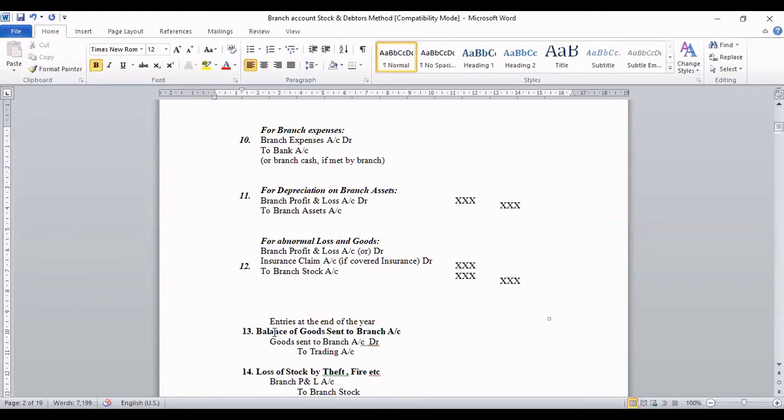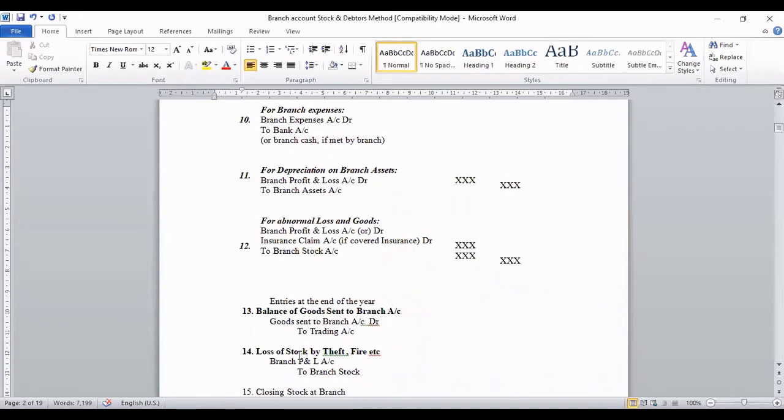Branch stock account debit to goods sent to branch. So first we have to close that goods sent to branch account by transferring the amount to trading account. So simple, the entry we have to pass is goods sent to branch account debit to trading account. These are the closing entries. Yes or no?